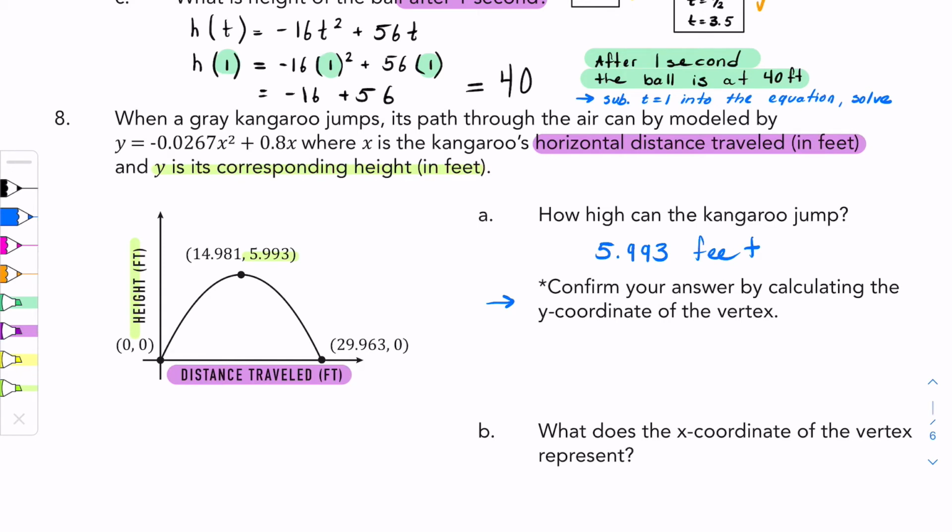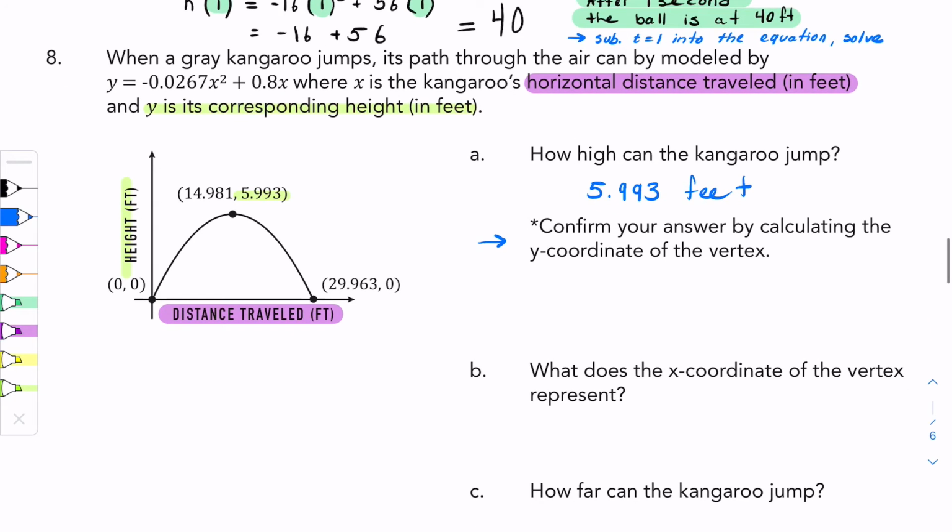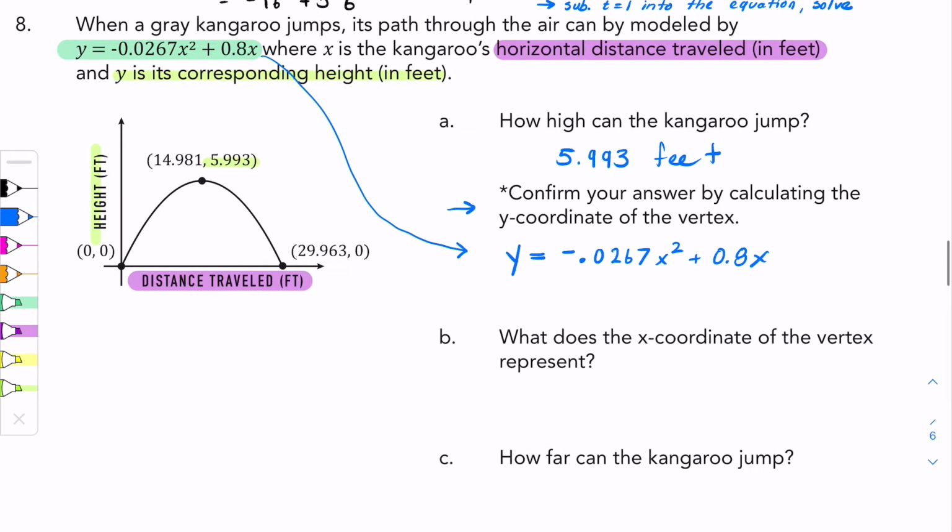So what we're going to do is we're going to take our original function, which is y equals negative 0.0267 x squared plus 0.8 times x, and we are going to solve for the vertex.